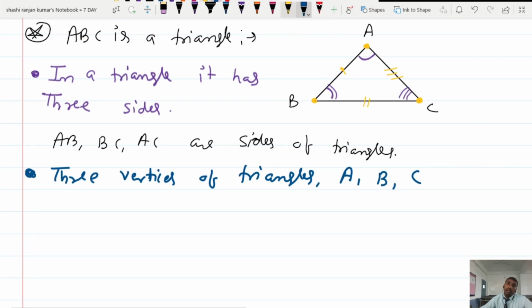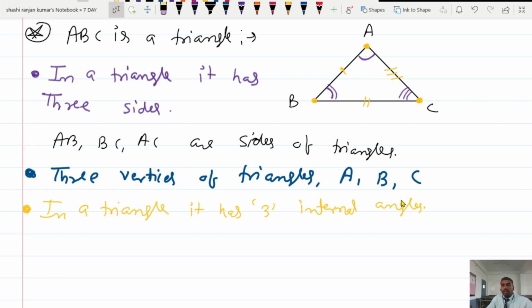And also here we have the three angles of a triangle. So in a triangle, it has three internal angles. You can see angle A, angle B, and angle C are the internal angles of this triangle.